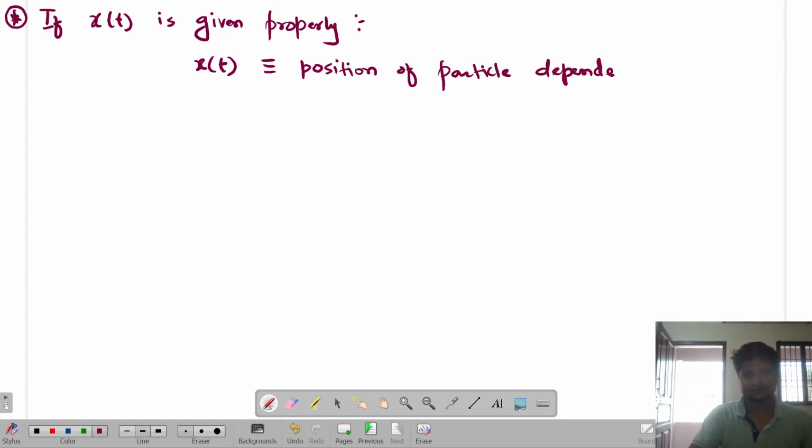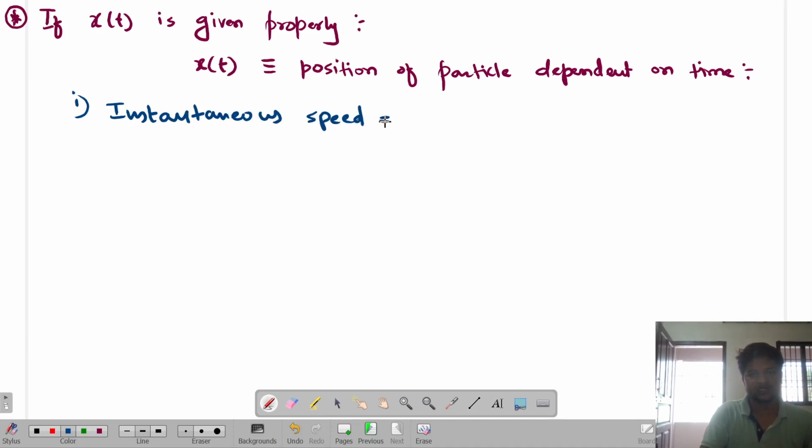If time-dependent position is given, that means we can still find average speed. And instantaneous speed, we know the formula, how to calculate: if x of t is given, use the formula dx by dt.